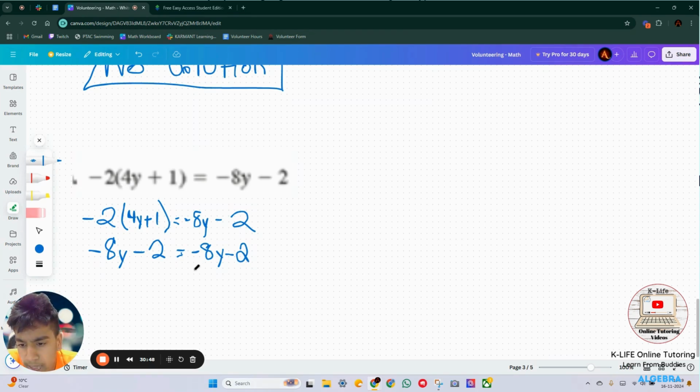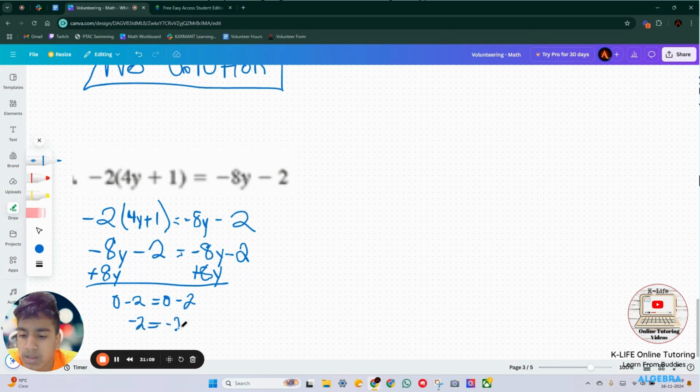Now, in this case, I'm going to add 8y on both sides, 8y on both sides. Got that as 0. Minus 2 equals 0 minus 2. So minus 2 equals minus 2.